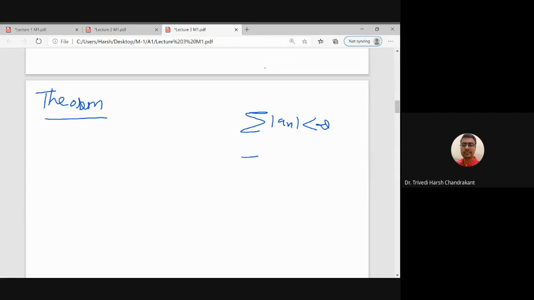This is called absolute convergence, and whenever we have absolute convergence, we have convergence of the series. The same way we have this result for the improper integral of the first kind.